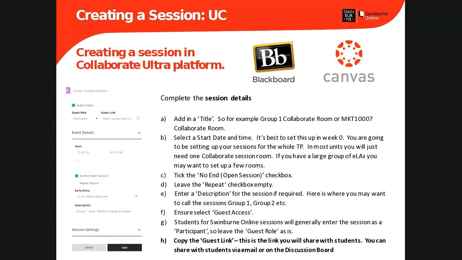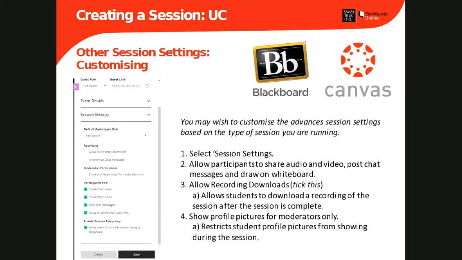So once you've set those things up, you're going to click on Session Settings, which is at the bottom there, and that's going to bring up some other options. So you can customize the advanced session settings here based on the type of session that you're running. You're going to generally allow participants to share their audio and video, post chat messages and draw on the whiteboard.